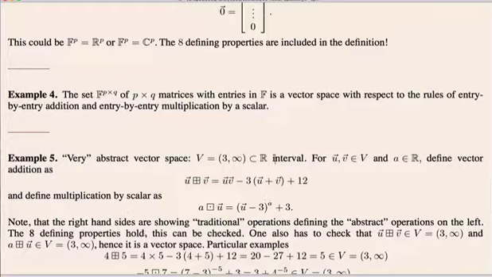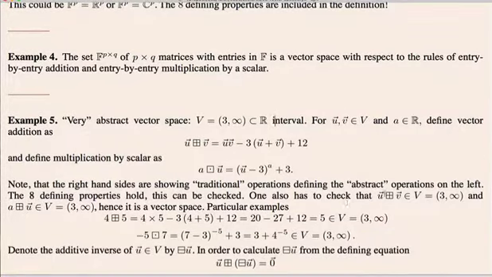So it can be and should be checked that the 8 defining properties hold for these operations and this vector space. And that's why it's actually a vector space. We also are supposed to check that if you add together two of the vectors, the result is also in the vector space, so it's closed under vector addition.